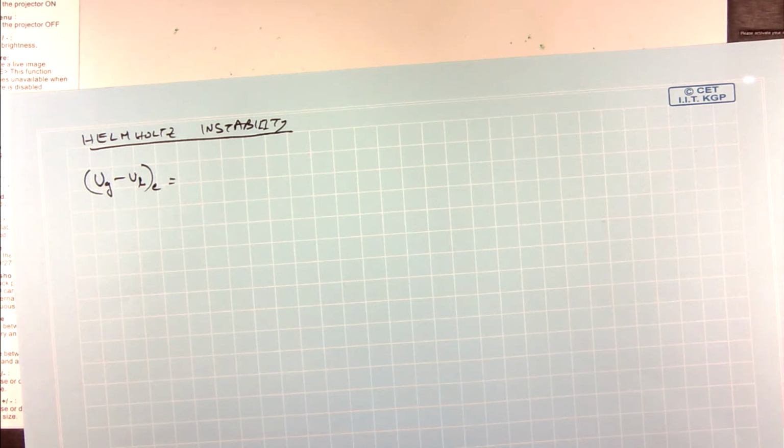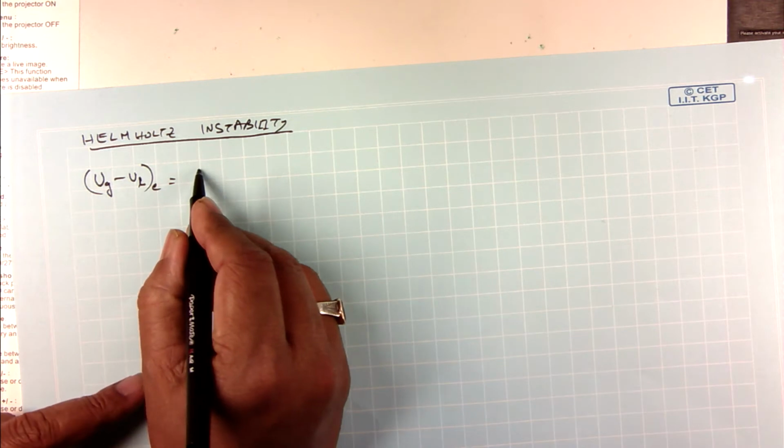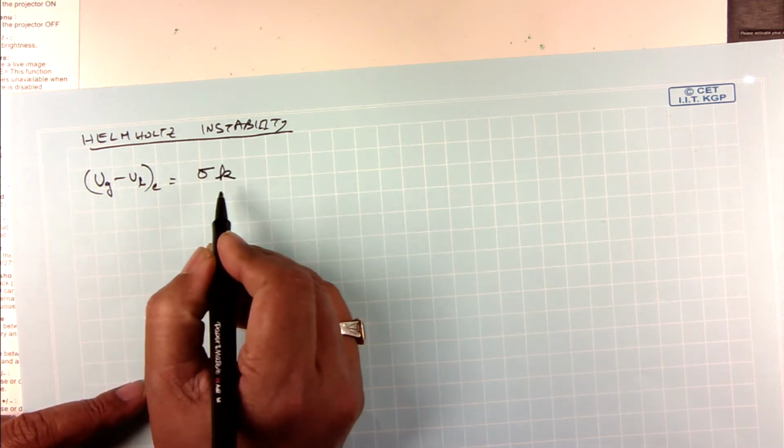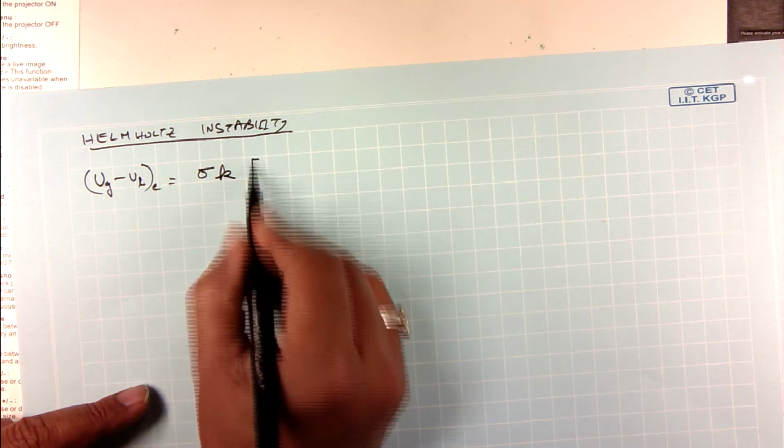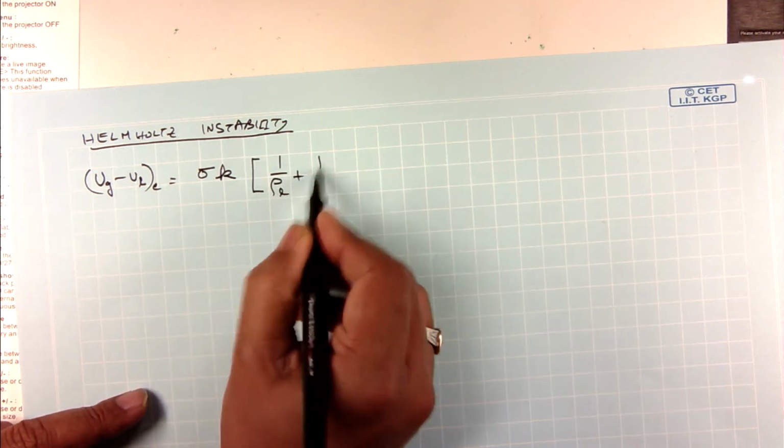Can somebody help me out? Well, I wanted the more general one. So, the more general one was 1 by rho L plus 1 by rho G, right.